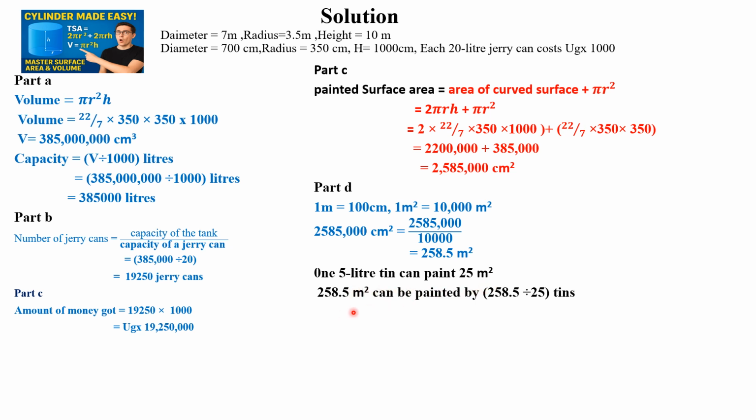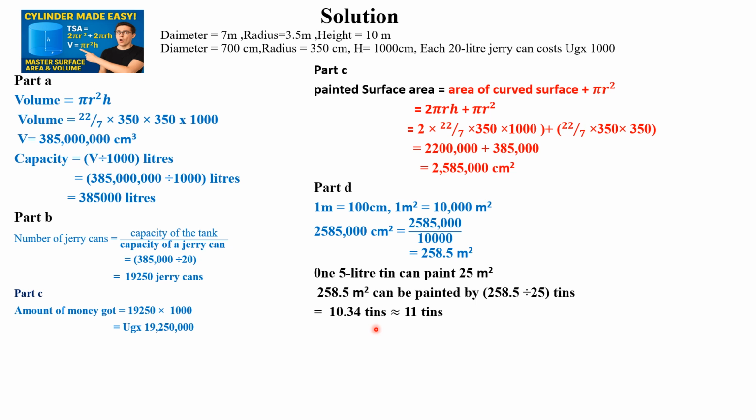So to get the number of tins to paint this surface, I'll get this surface divided by what one tin can paint. And here we get the answer. When we get 258.5 divided by 25, I get the answer as 10.34. But you cannot buy half tins.